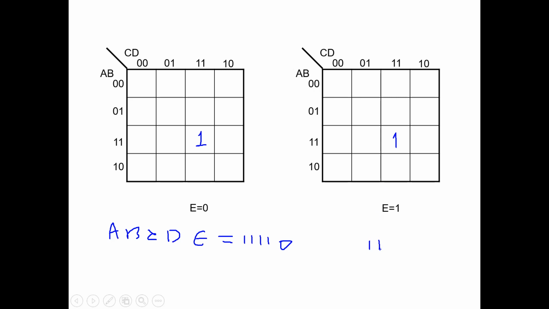Yes, 1, 1, 1, 1, 1, right? They differ by 1 bit, that means you can group this and this together. Then it becomes A and B and C and D, right? Good.